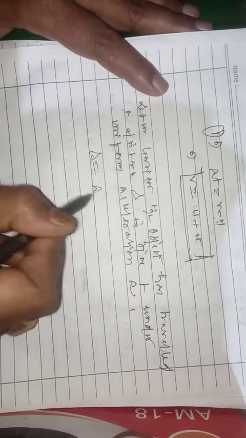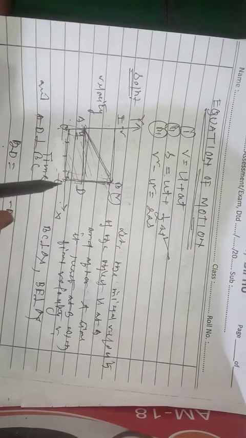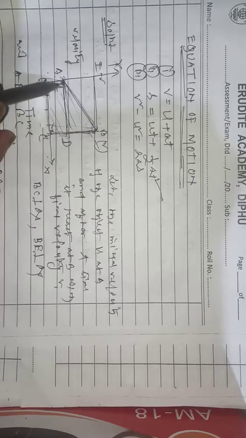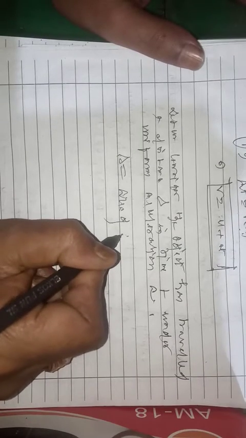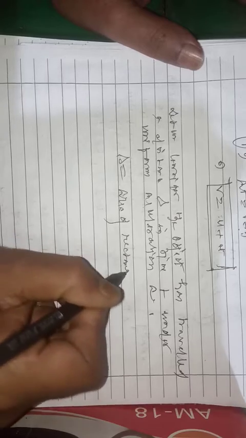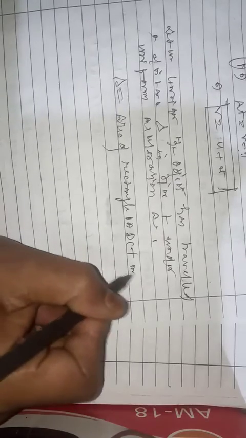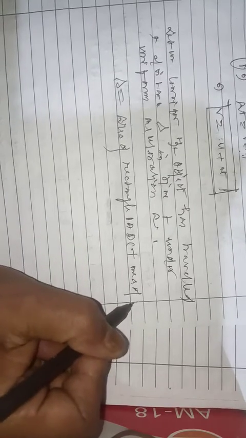So I am writing area of OABC means area of rectangle OADC plus area of triangle ABD.